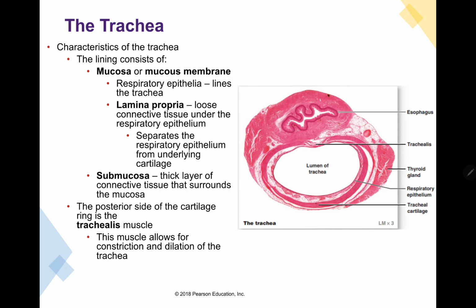Well, that's because you have this trachealis muscle right there. You want that trachealis muscle because it's going to be in direct contact with the esophagus. And remember, food goes down the esophagus. So if the esophagus needs to expand, it's not going to expand against the hard structure of the cartilage. It's able to expand because there's this trachealis muscle right there.